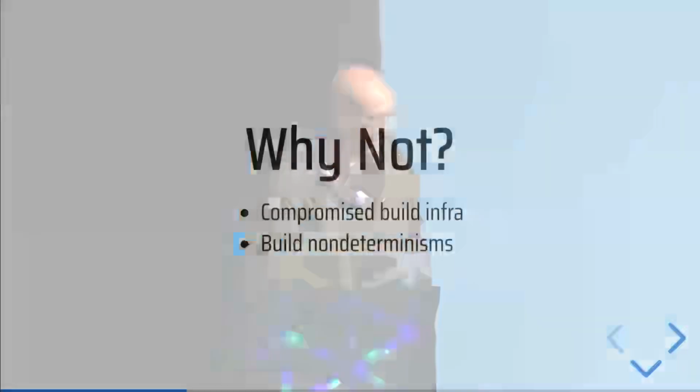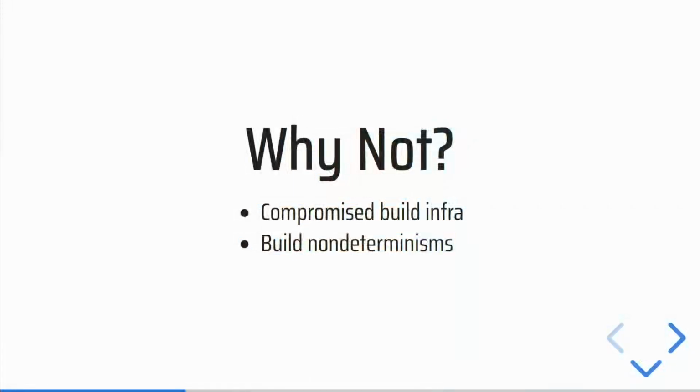So then you might ask yourself, okay, but why wouldn't some software be reproducible? Compromised build infrastructure is, of course, one thing we protect against. But why is this not a trivial problem? Well, it's not trivial because in practice, we don't have a habit of really thinking about all the things that can be non-deterministic in a build process.